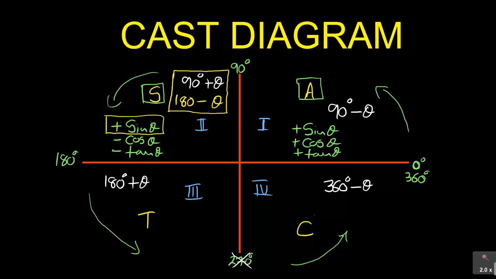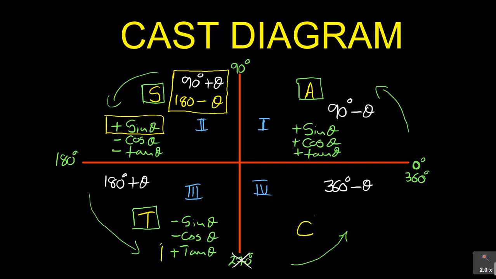And the next one that we have is quadrant number 3. Again, if I write the trig ratios, we have sine theta, cos theta, and tan theta. Now, because we have got T, it means only tan is positive, the rest are negative.